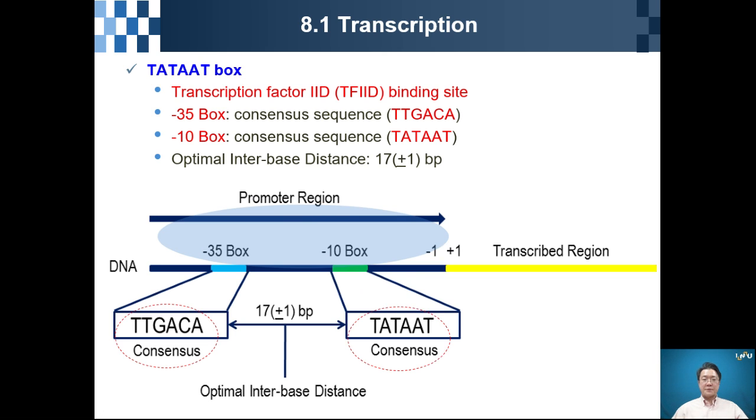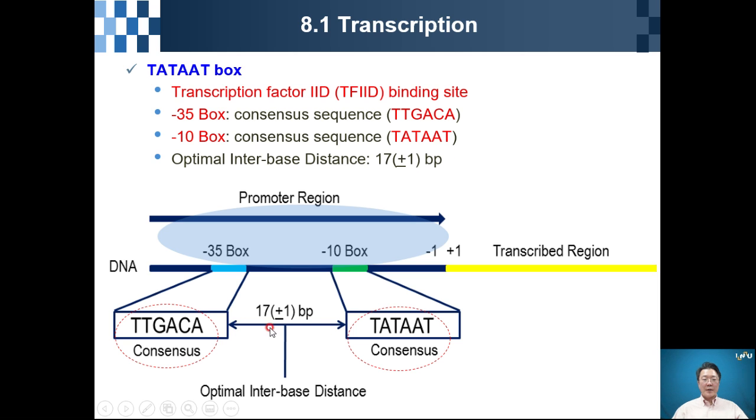minus 10 box. The minus 35 box has a consensus sequence, TTGACA, and the minus 10 box also has a consensus sequence, TATAAT.